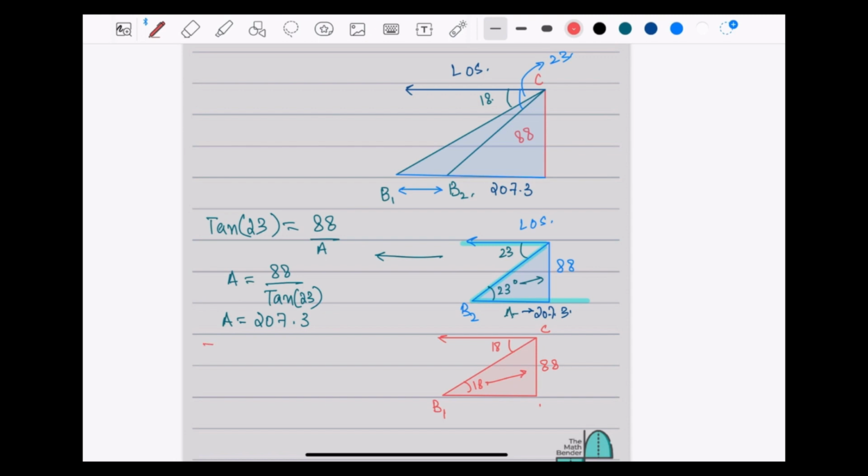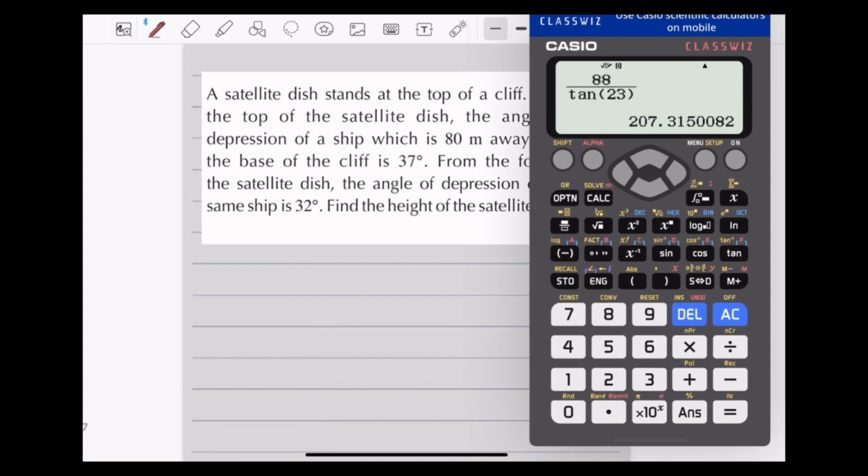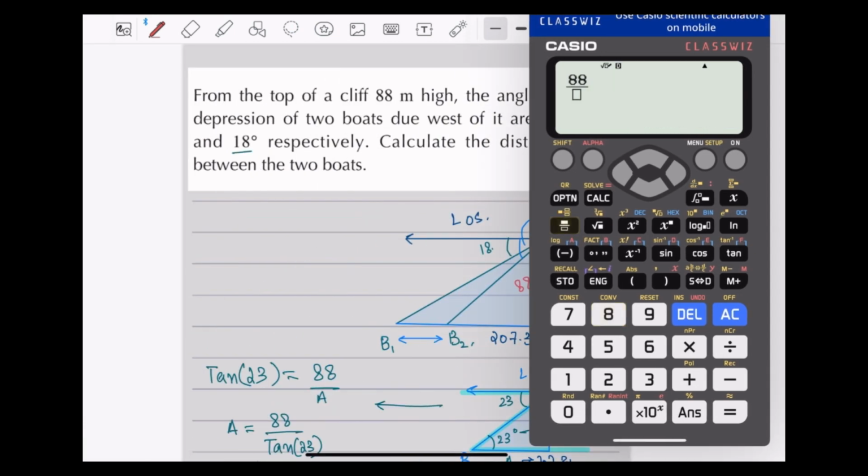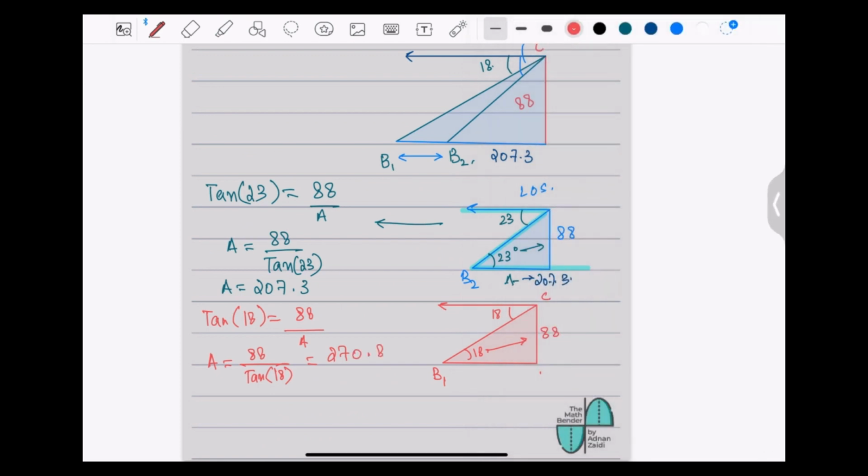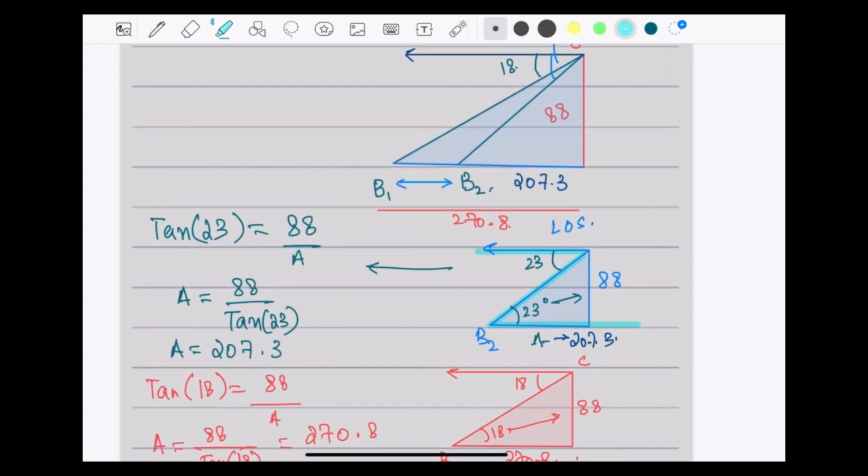So tan of 18 is opposite, which is 88 over adjacent, or a is equal to 88 over tan of 18. This gives you 270.8. So this big length is 270.8. All you have to find out is this much.